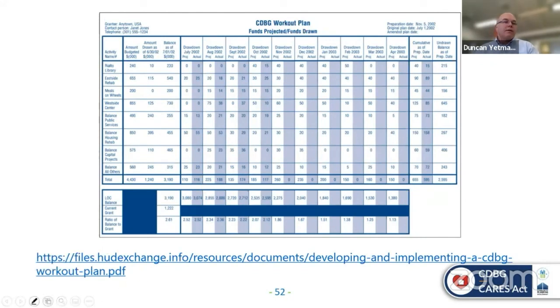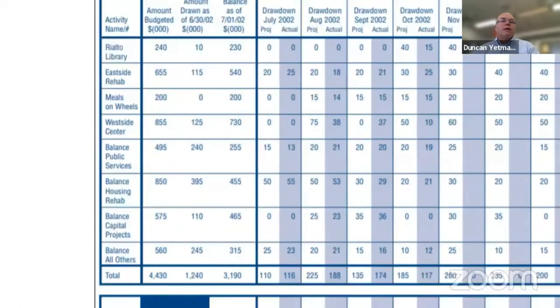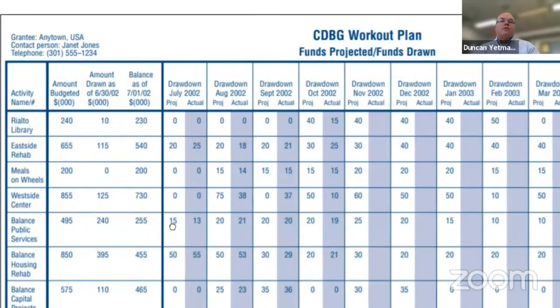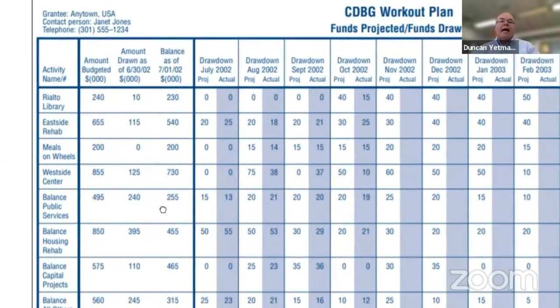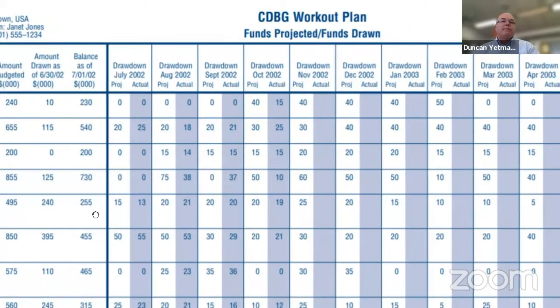And I'm going to expand my screen here or zoom in on aspects of this so you can see this. So this is your funds projected and funds drawn, actual versus projected.